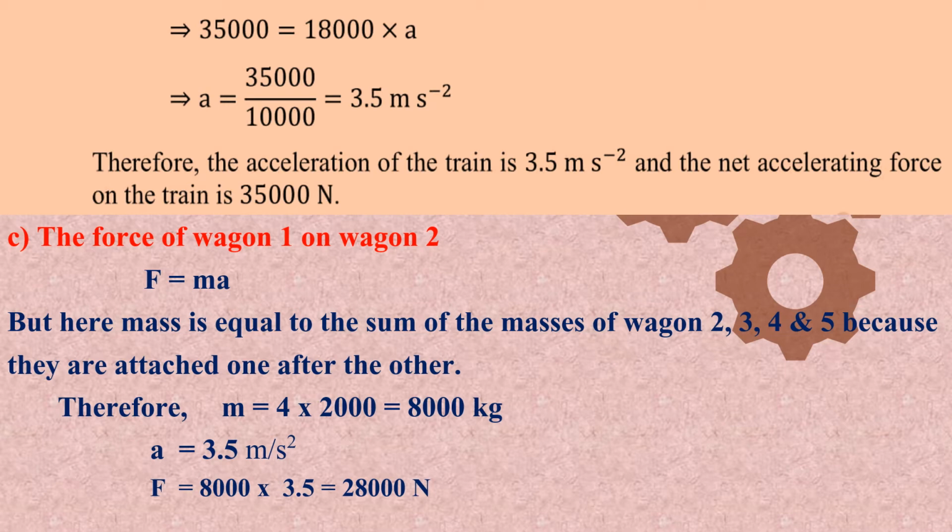So here mass m is equal to 4 into 2000, that is 8,000 kilogram, and all are accelerating the same way. So the acceleration is equal to 3.5 meter per second square. So the force exerted by wagon 1 on wagon 2, if you calculate, it is 8,000 into 3.5, that is equal to 28,000 Newton.